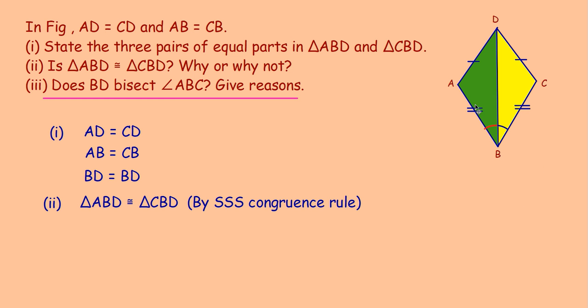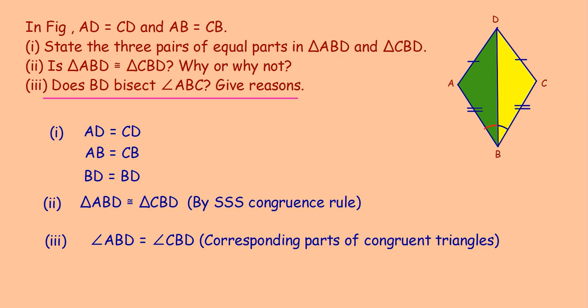Therefore, angle ABD and angle CBD will be equal. If these two angles are equal, BD is bisecting angle ABC. So we can write angle ABD is equal to angle CBD because they are corresponding parts of the congruent triangles. So we can conclude BD bisects angle ABC.